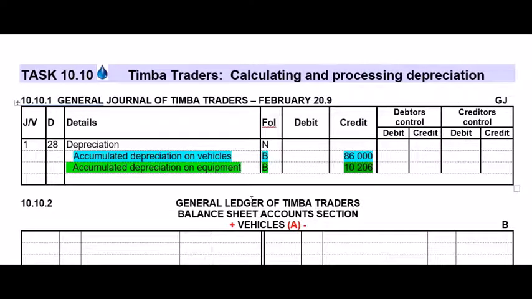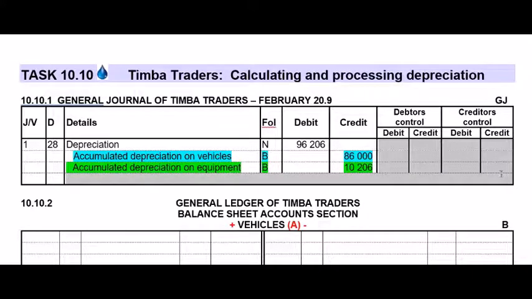And then the 10,206 goes to the credit side. And then when you add these two values together, you will get your total depreciation for the year of 96,206, which goes to the debit side of depreciation.